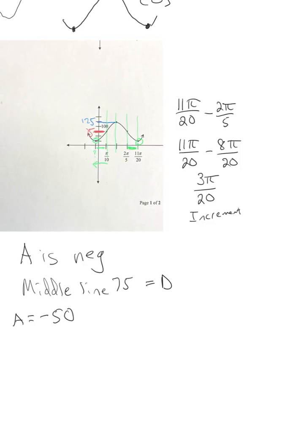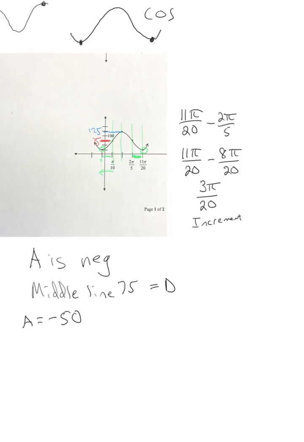So that would be pi over 10 minus 3 pi over 20, which would be the same as 2 pi over 20 minus 3 pi over 20, giving us a difference of negative pi over 20.